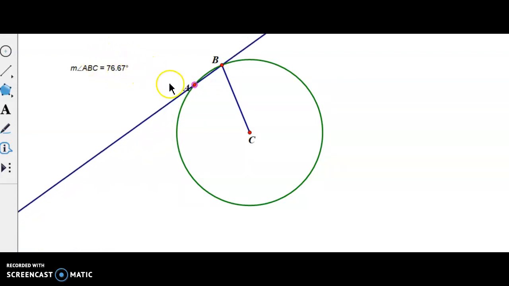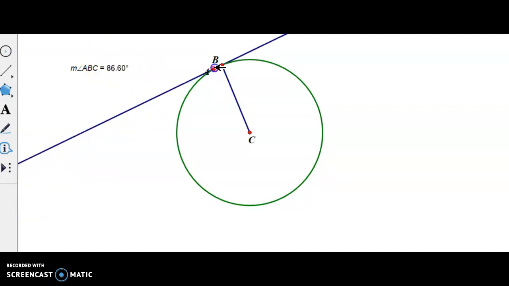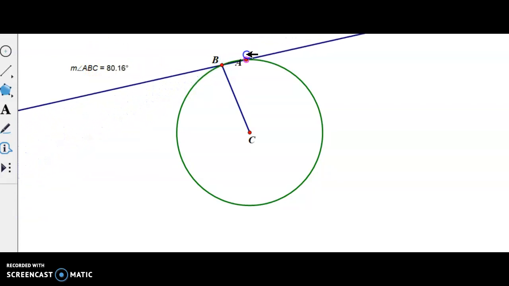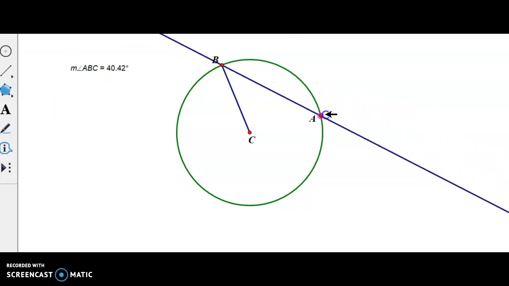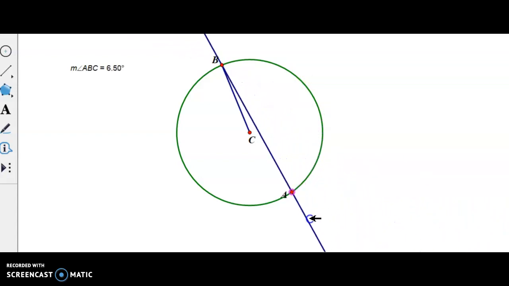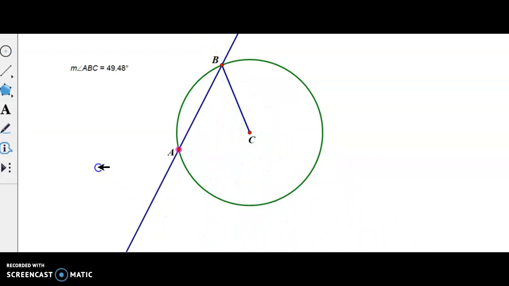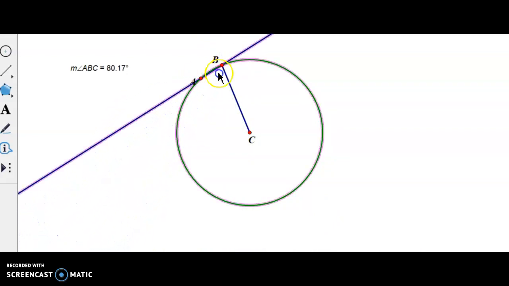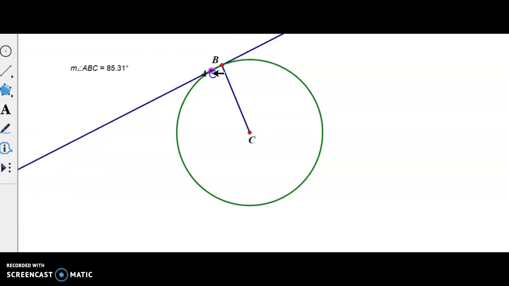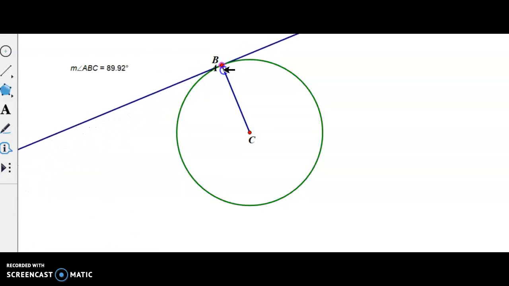I hope you're watching this number right here. Oh, now it's getting smaller again. The farther away I get from point B, the smaller it gets until I get all the way to the diameter, and then it starts getting larger again. What happens when it gets exactly on top of point B, I wonder?